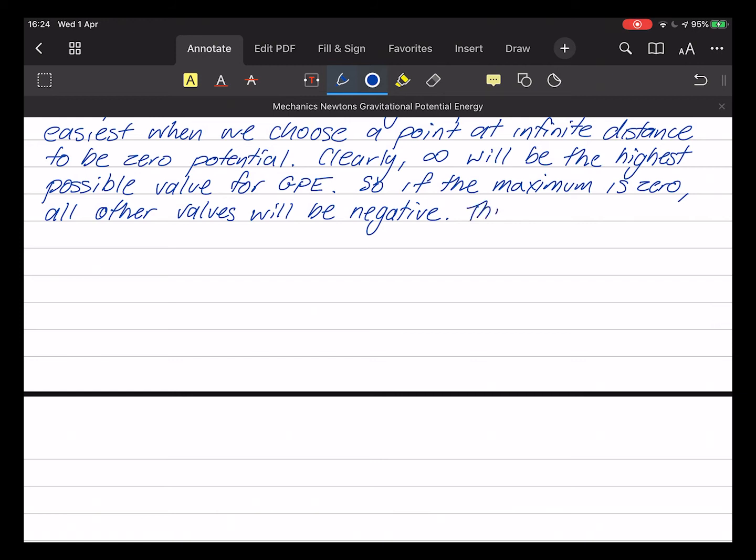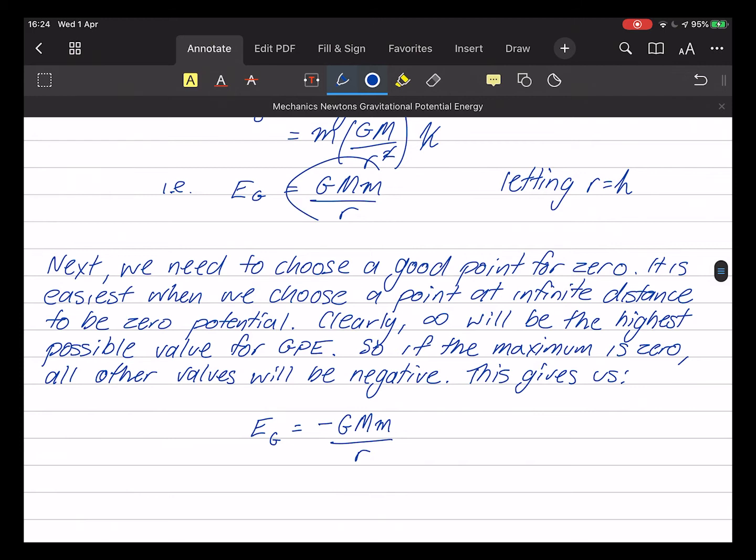So this gives us a formula of the form minus gravitational constant, big mass, little mass on R, which is what we had here, with a minus sign.